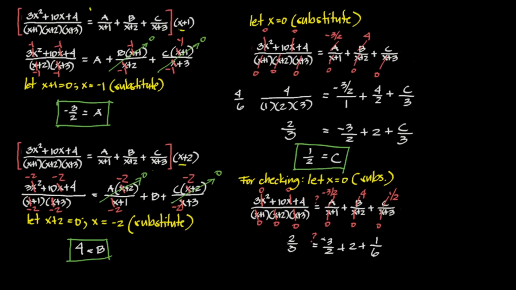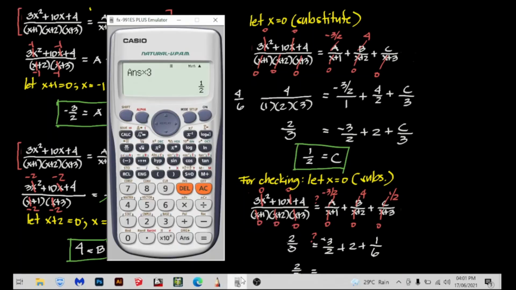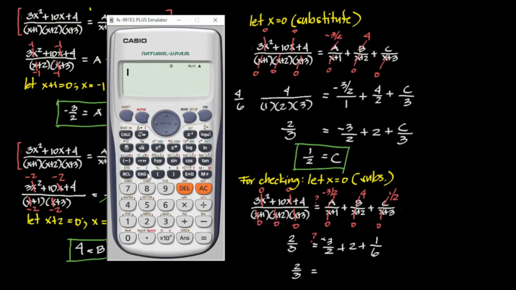So, ito known na to na 2 over 3. So, dapat ang resulta nito is 2 over 3. Tama. So, let's compute. So, we have negative 3 over 2 plus 2 plus 1 over 2. Ay, 1 over 6 pala.